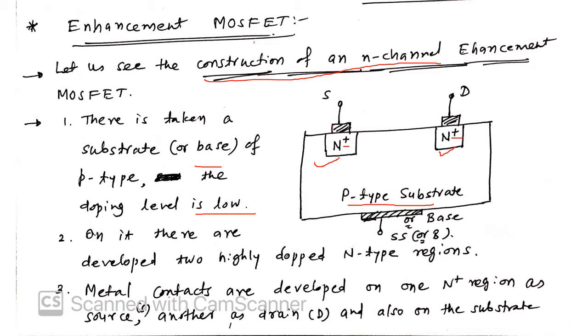On the other side a metallic contact is developed, and that is called D, the drain. And on the substrate also a metallic contact is developed, and that is called substrate SS, symbolically to differentiate it from the source. So it is substrate SS or the base B. This way metallic contacts are developed.